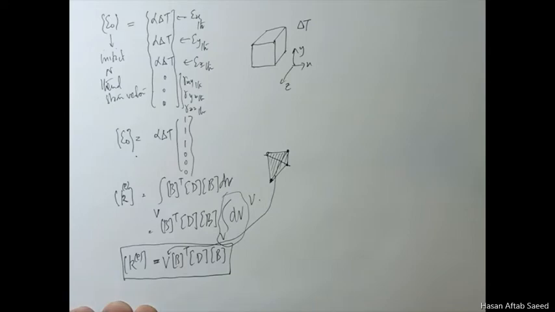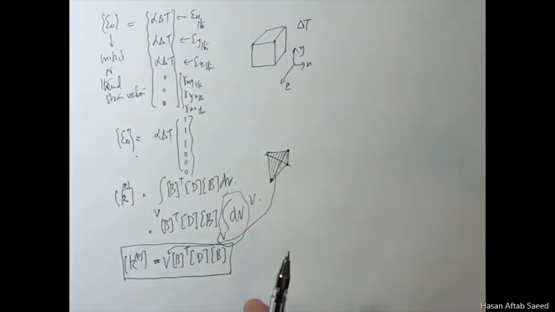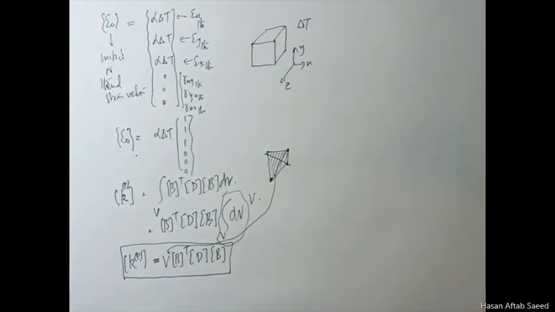B, you have the expression for B. We just saw the expression for B, and this is B. So B transpose, you can just get the B transpose. D, again we have just seen.